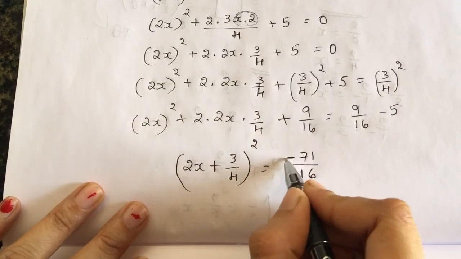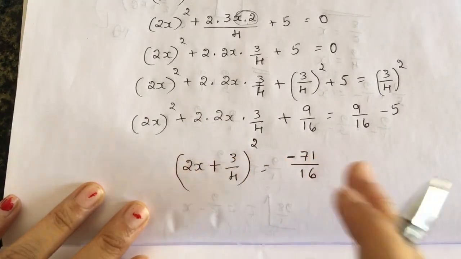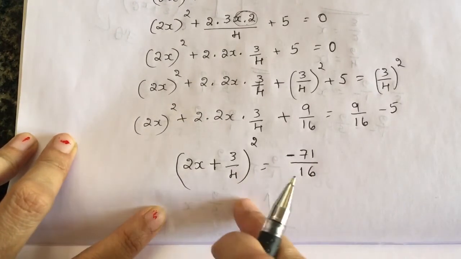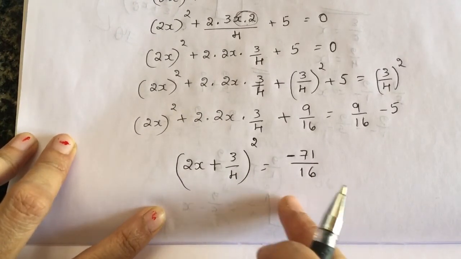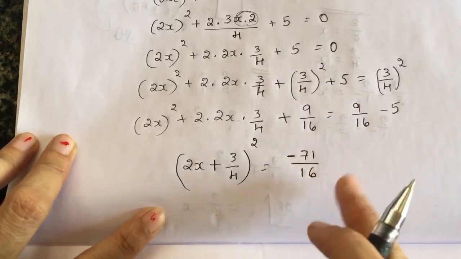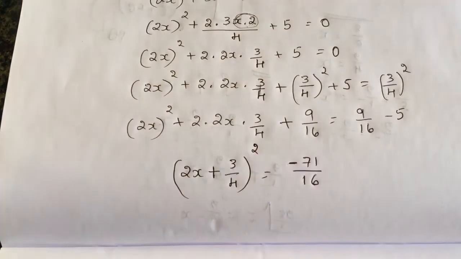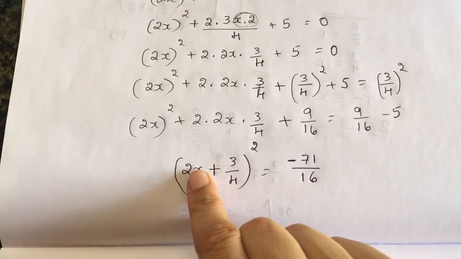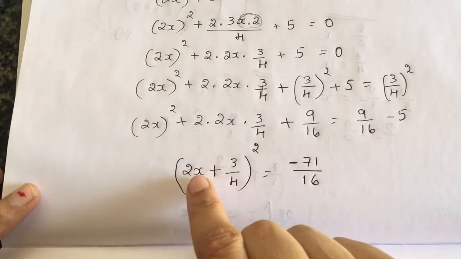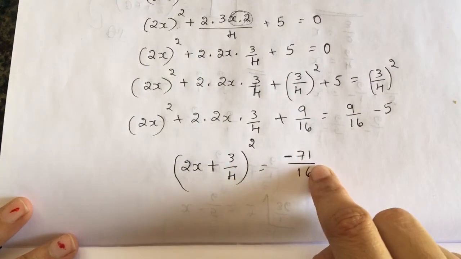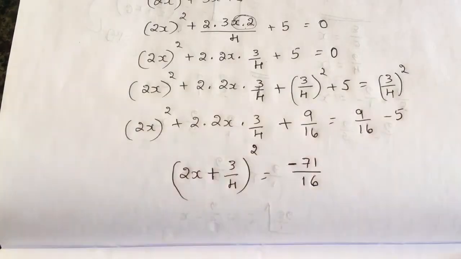When you get a negative number over here, taking the square root is not possible. You cannot write 2x plus 3/4 is equal to plus or minus square root of minus 71/16, right? In the sense, see, I cannot give any value to x so that this whole square will be negative. It's not at all possible, right?